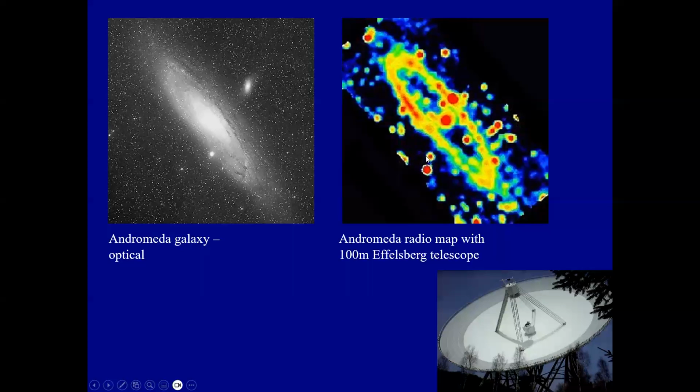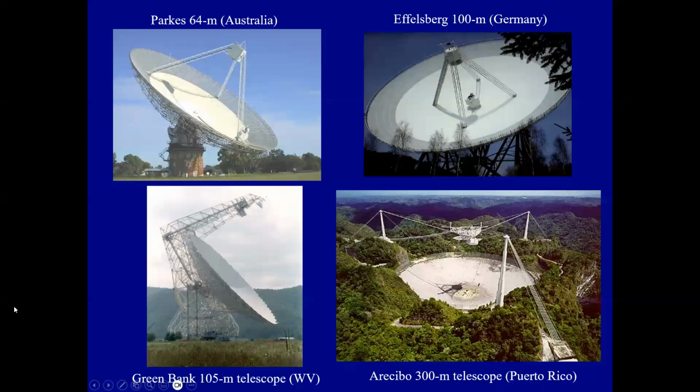That means these objects emitting radio waves are much more active, or energy emitting, than all other objects, right? So that's one reason radio telescopes are being used for astronomical observation.